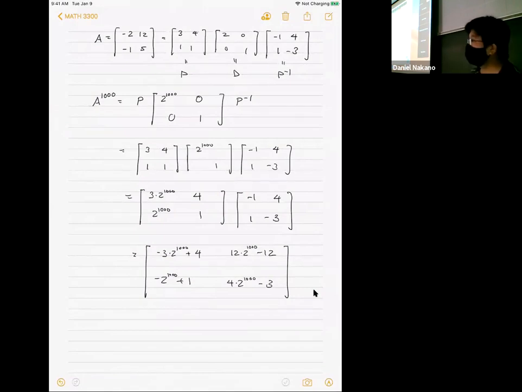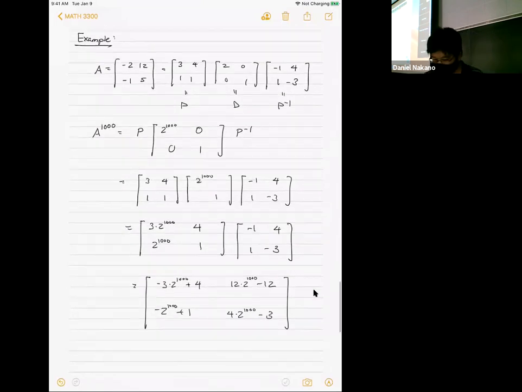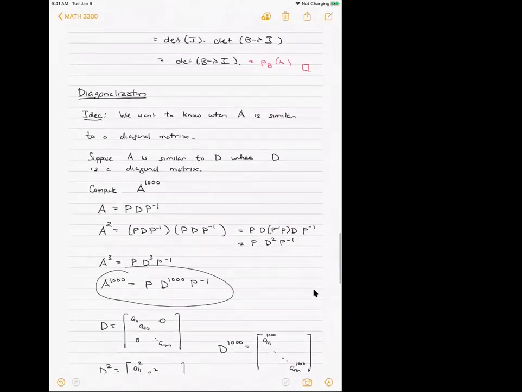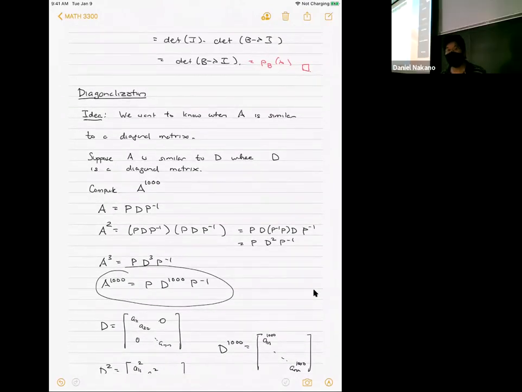Yeah, go ahead. I was going to ask that question. All right, so what's the next question? What should be the next question? How do we get the decomposition? All right, so this is related, of course, or this is the same idea: when is A similar to a diagonal matrix?